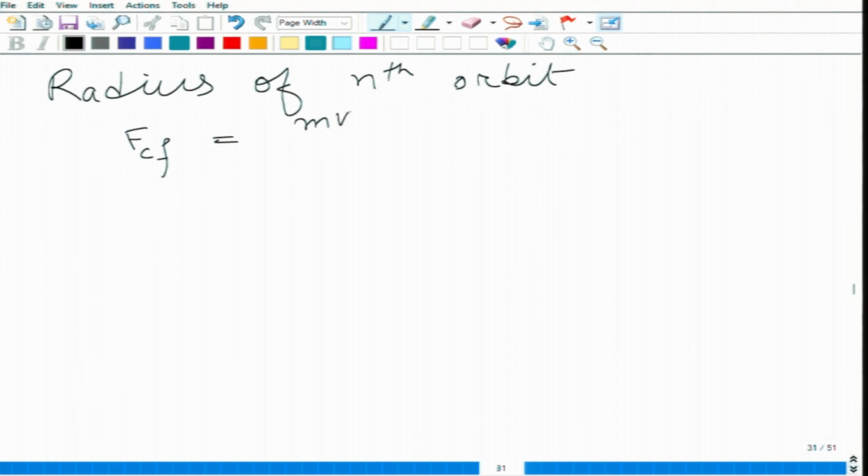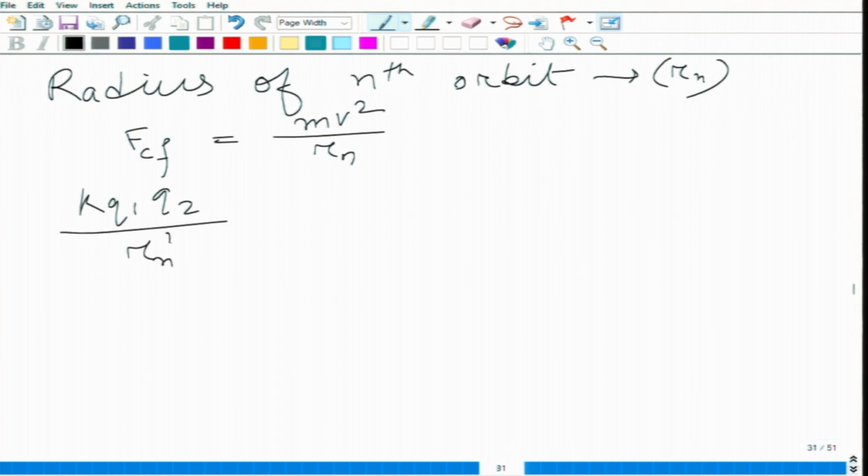It will be mv square by Rn, where Rn is the radius of the nth orbit. Okay. So, we know that these two forces equate each other.